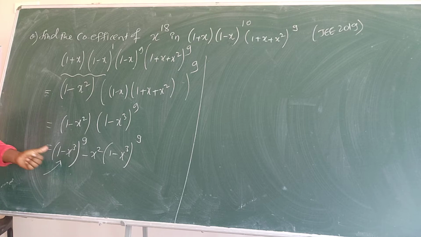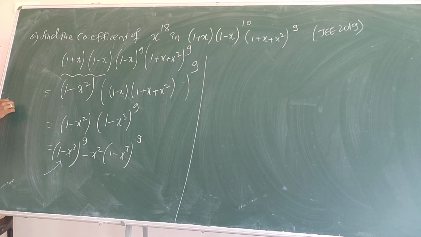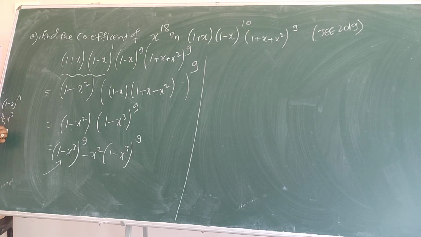See, this looks like the 1 minus x whole power n formula. So what I get here is nC1 x power 1. When you have power 1, you get x power 3. For 2, I get x power 6.